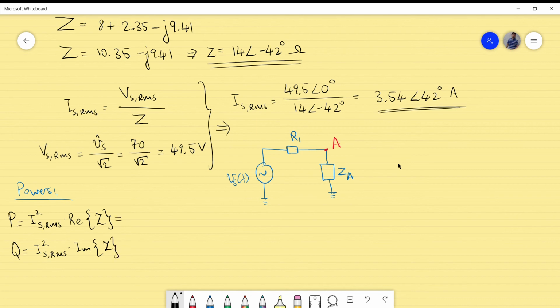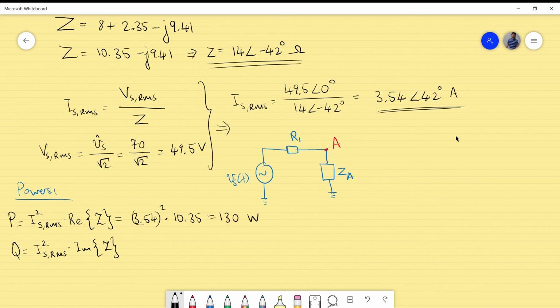Okay, and the amplitude, I only consider here the amplitudes, not the phases, so this is 3.54 squared times the real part, which is 10.35, which is 130 watts.